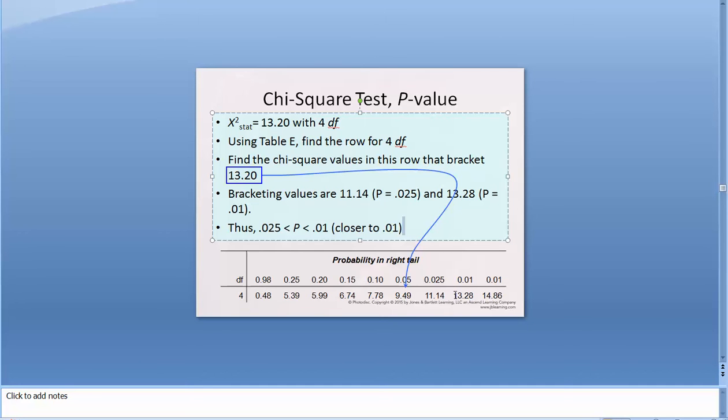So 13.20 should be somewhere here, right? So p is between 0.025 and 0.01, and of course it is much closer to 0.01. So that's what is mentioned in here. This arrow should have come here. Anyway, it's not easy for me to bring it over here, but remember this is somewhere close to here.